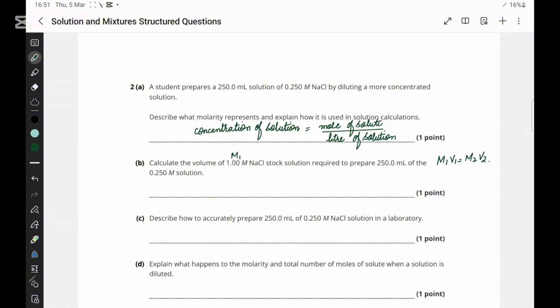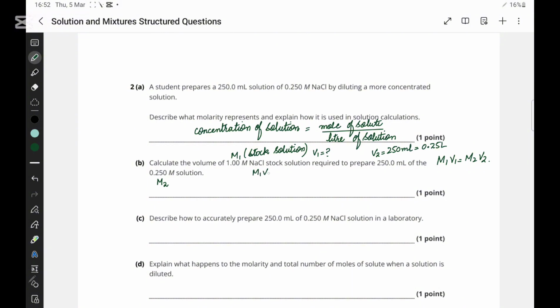M1 is for the stock solution, and then we have M2, which is 0.250, and V2, which is 250 milliliter, and we have to convert it into liter by dividing by 1000, giving 0.25 liter. And V1 we have to find out.